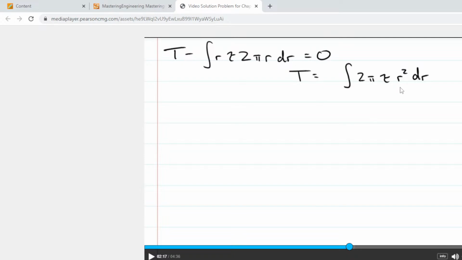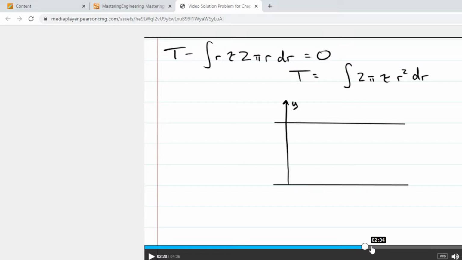Let me go past this integral one more thing. So the thickness, the t, is going to remain the same. That's what I gathered from what he was saying.